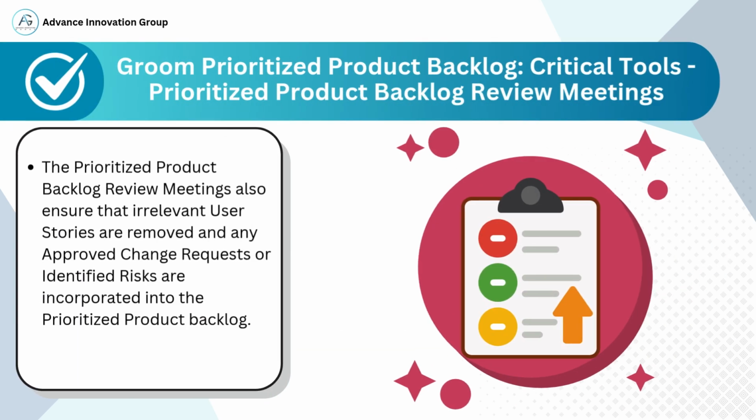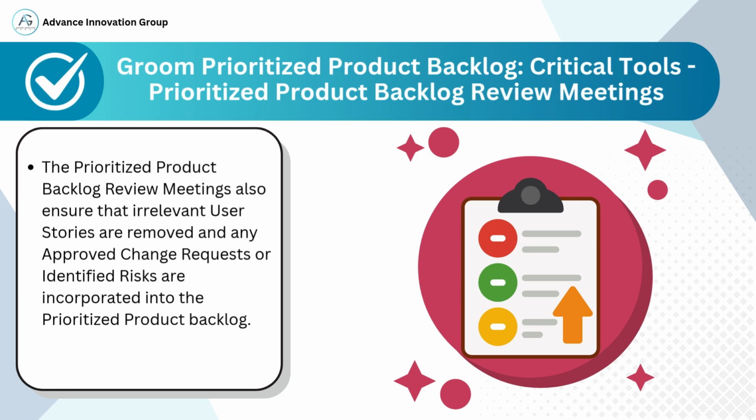A key tool used during the grooming of the prioritized product backlog is the Prioritized Product Backlog Review Meeting. These meetings play a vital role in ensuring that the backlog remains relevant, updated, and aligned with the current project goals. During these sessions, the team collectively reviews the entire backlog and performs several essential actions.